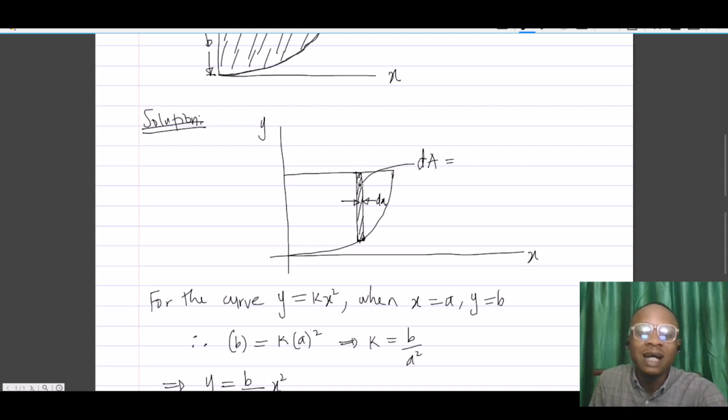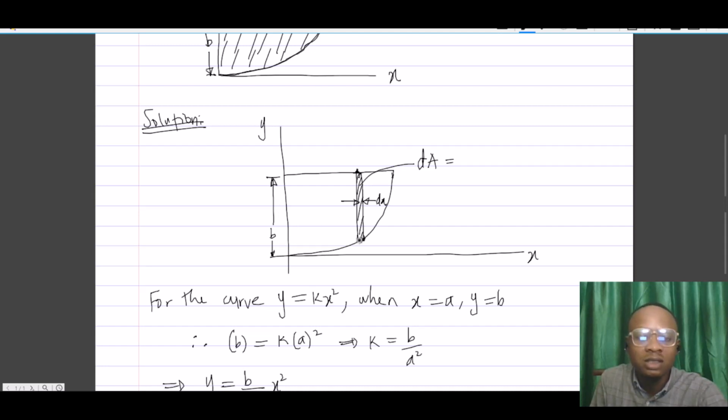So approximating it as a rectangle, we know the width is the x, then what is the height? That is the distance from this point to this point. We know from the details given that this distance along the y-axis is b. We have it right there in the question statement. And we now want to get this distance from this point to this point.